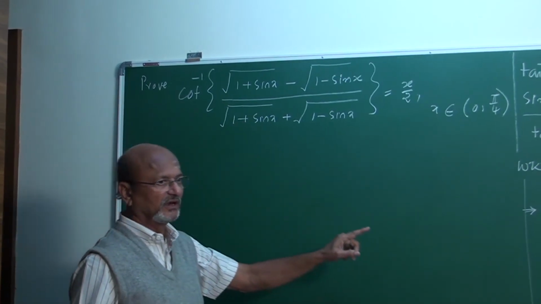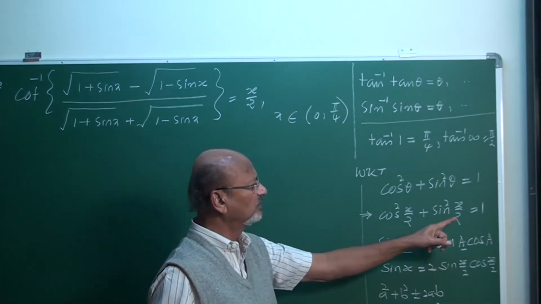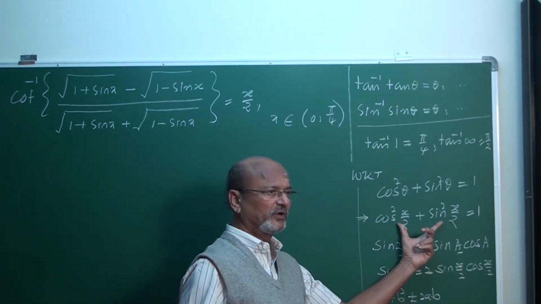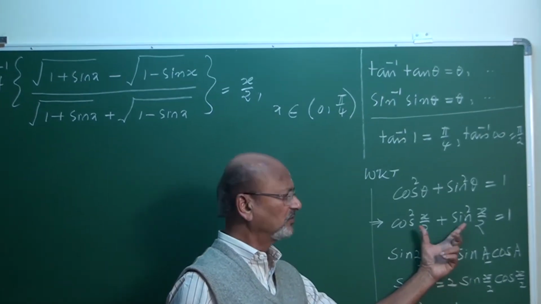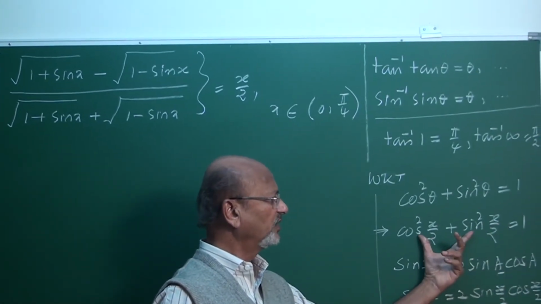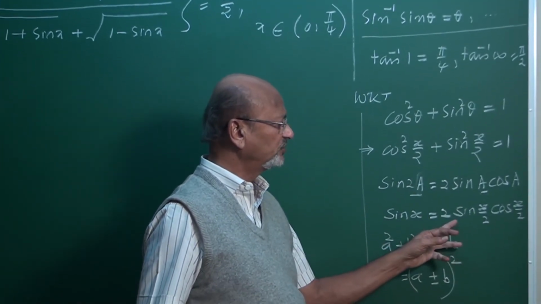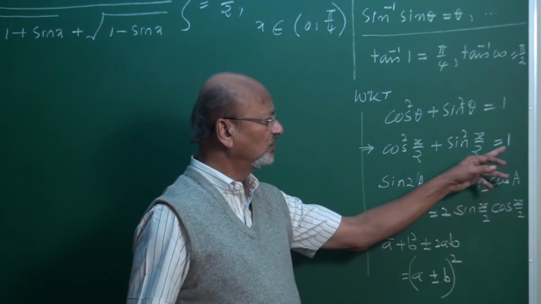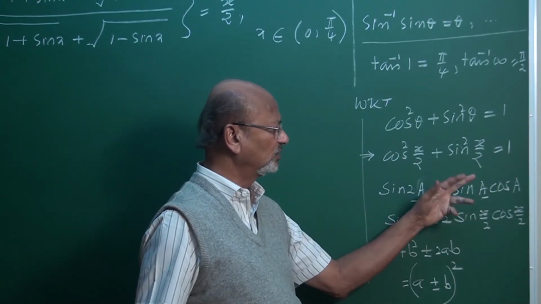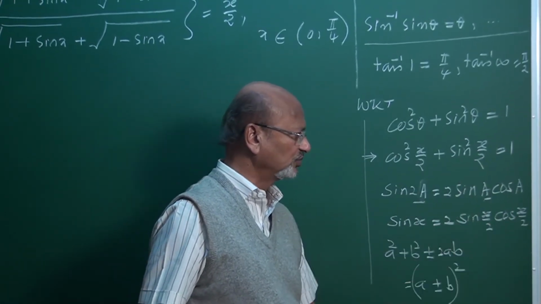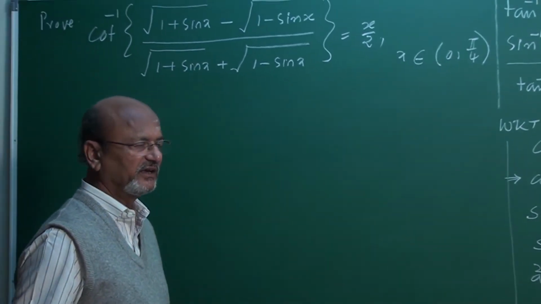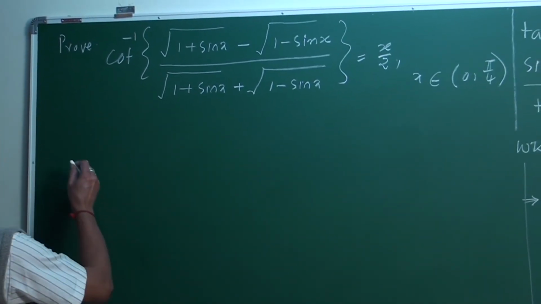Tell me, what is 1? 1 is cos square x by 2 plus sin square x by 2. Then what is sin x? 2 sin x by 2 into cos x by 2. For 1, substitute; for sin x, substitute. I consider that separately.